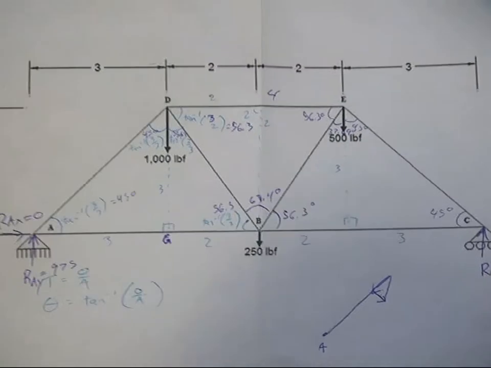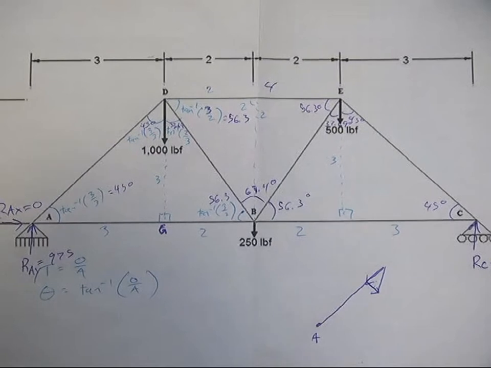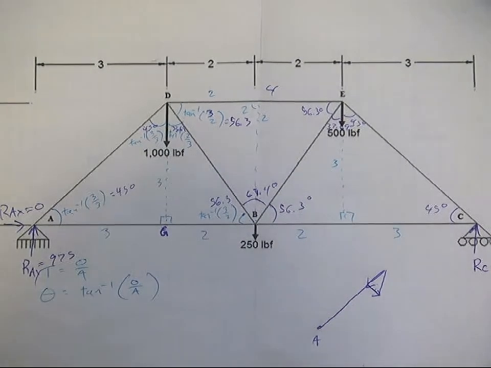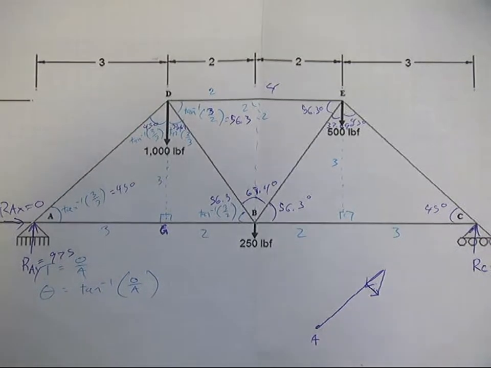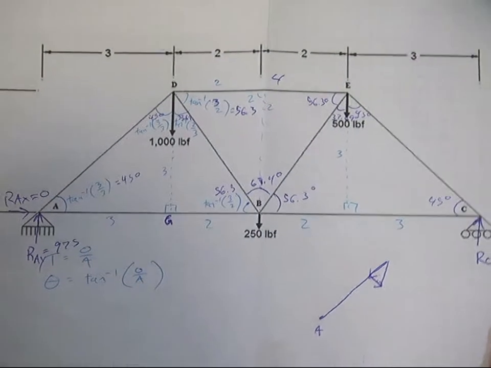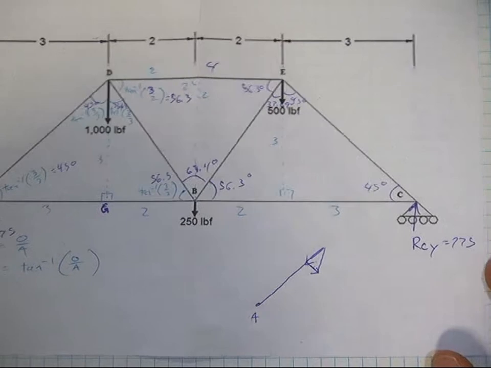We're now at the point where we've done our external forces. Essentially, we've figured out all of the angles based upon our distances and the length of each member, using inverse tangent. Then we summed all the moments to 0, and that's how we got RCY equal to 775.